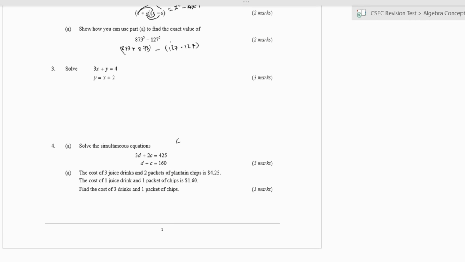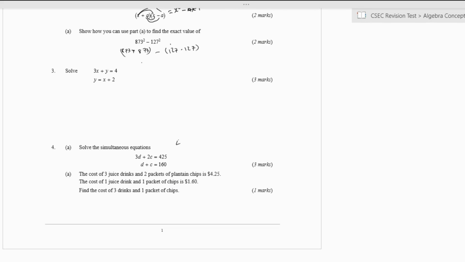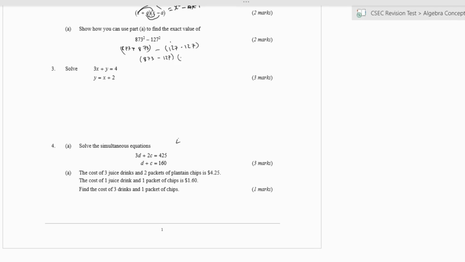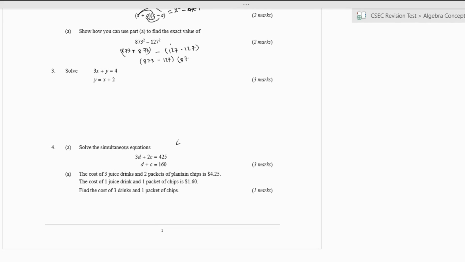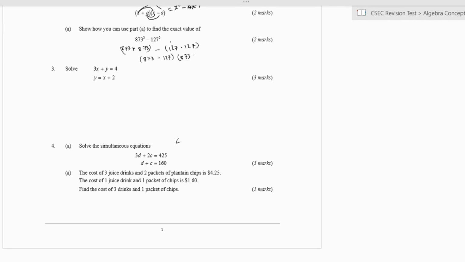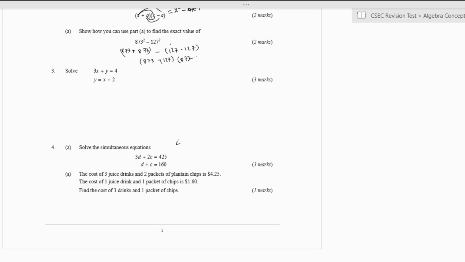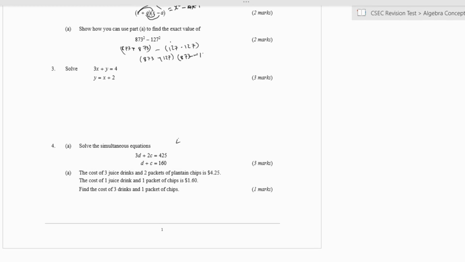Similarly, as with the first example, we have 873 minus 127 times 873 plus 127. This one was plus and this one was minus. It is like we are basically removing the bracket, but let's do this and see.